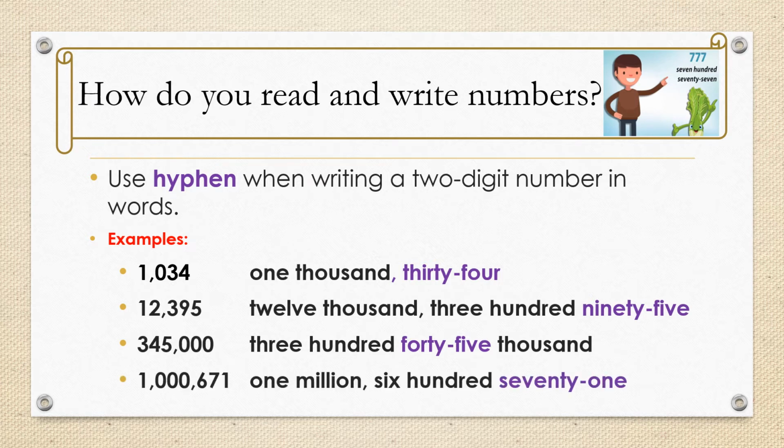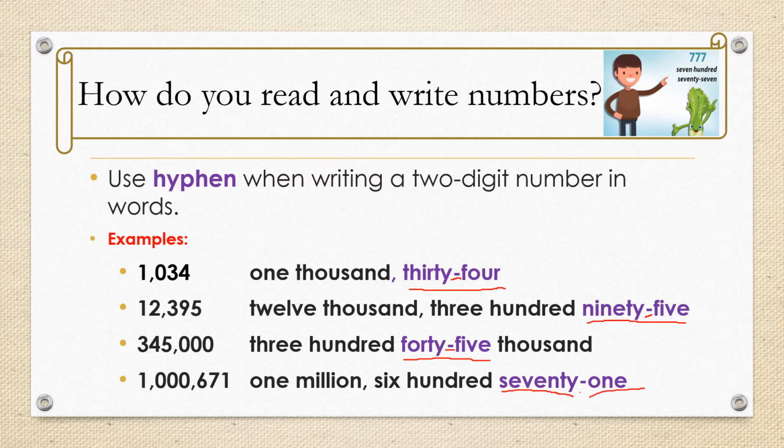So here, 34 is a two-digit. So asan ang hyphen? Nandoon yung hyphen, oh. 12,395. Yung 95 is a two-digit. So there should be a hyphen in between 90 and 5. 45 on the other hand, there is also a hyphen in between 40 and 5. 70 and 1.